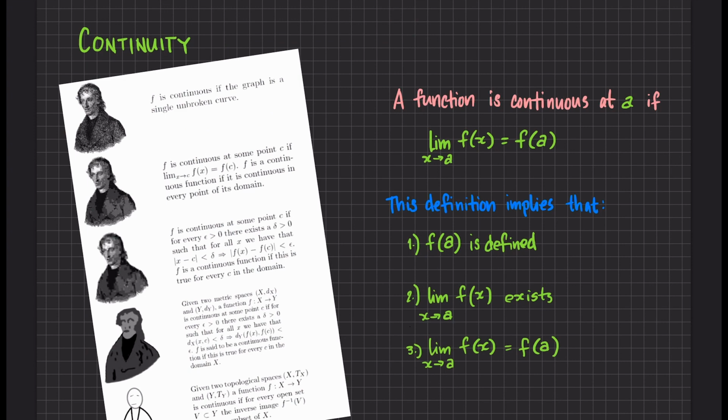So, ibig sabihin, pag gumamit ako ng x na mas malaki or mas maliit kay a by a small amount na delta lang, yung difference ni f of x at ni f of a ay mas maliit dun sa, yung absolute value nun, kasi pwedeng negative, ay mas maliit dun sa epsilon na binigay mo.